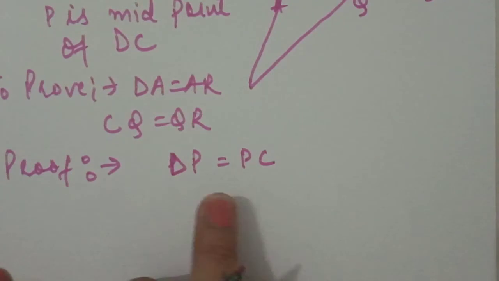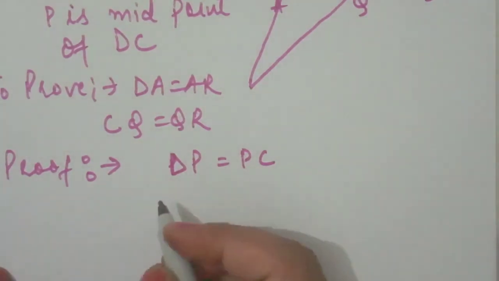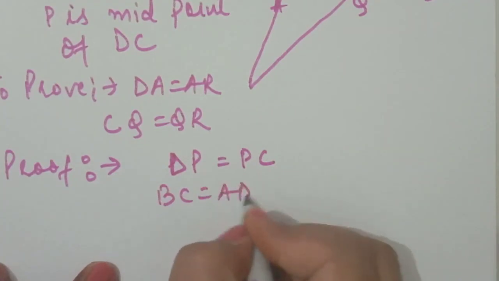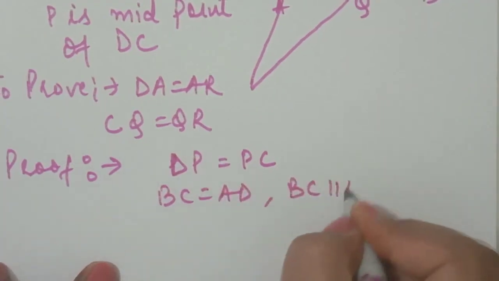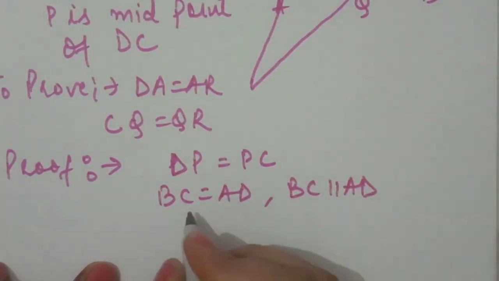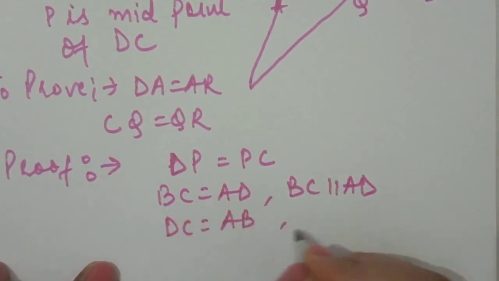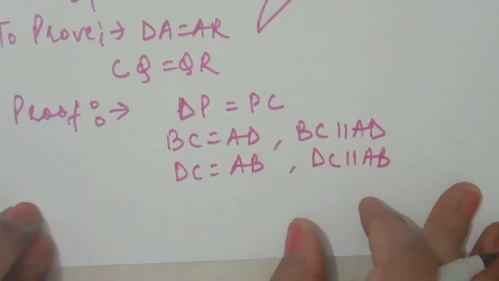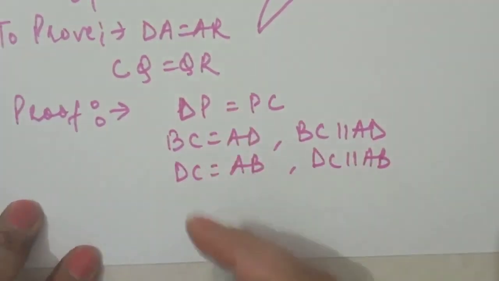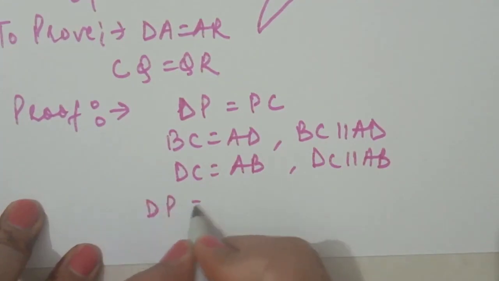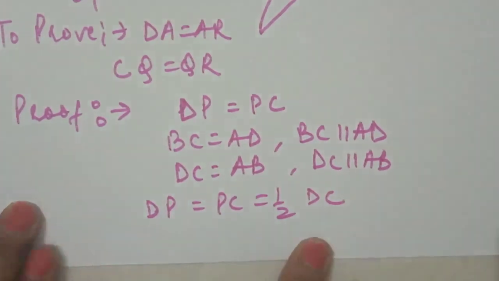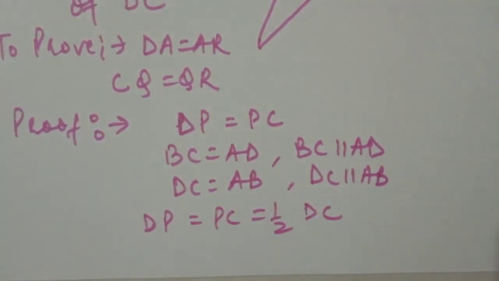Now we know it very well that BC is equal to AD and BC is parallel to AD, opposite sides of a parallelogram, and the second pair DC is equal to AB and DC parallel to AB, and P is the midpoint. So definitely DP is equal to PC is equal to half of DC.